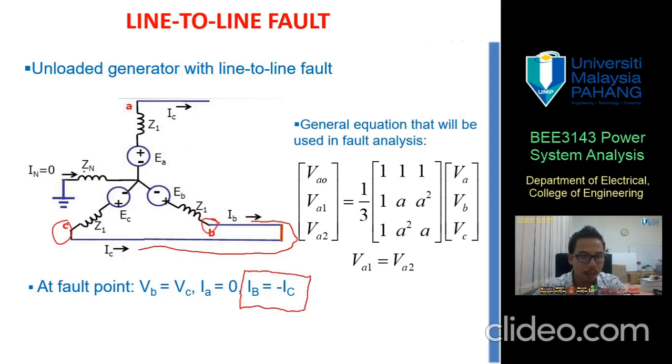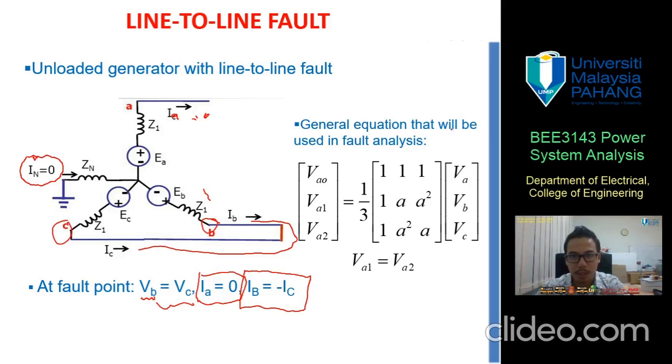Then the IN here is equal to 0, and IA is 0. What else? VB equals VC. That's the difference from the single line to ground.